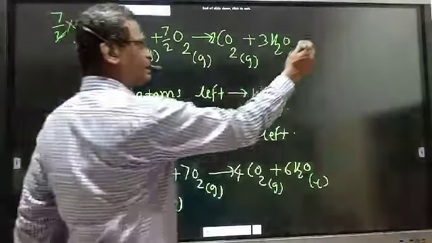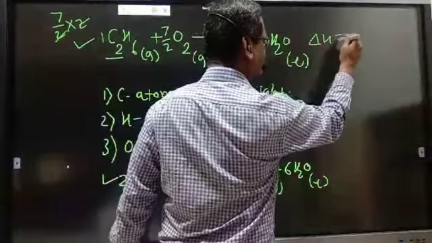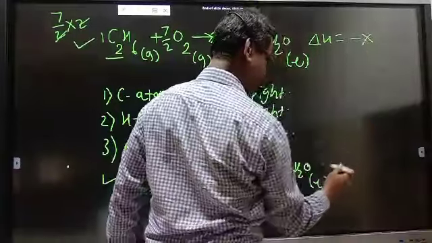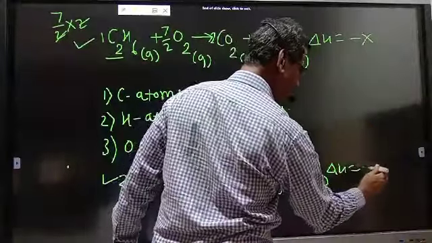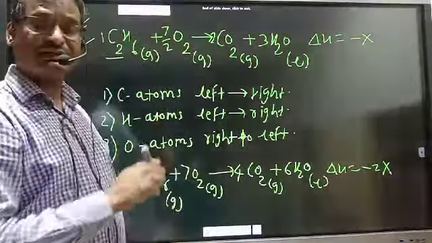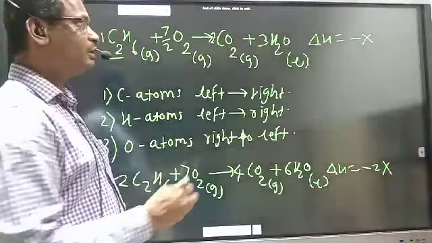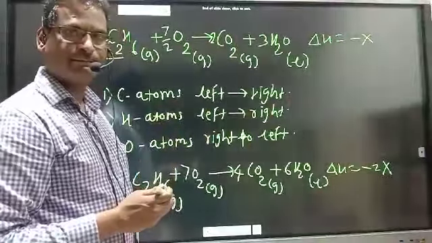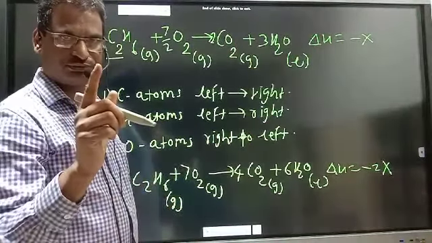Suppose here if delta H is minus X, here delta H will be minus 2X. Which one is enthalpy of combustion? Whether first or second? It is the first.